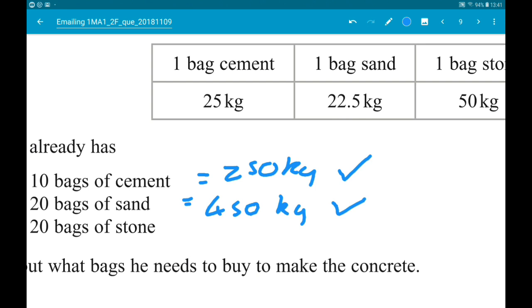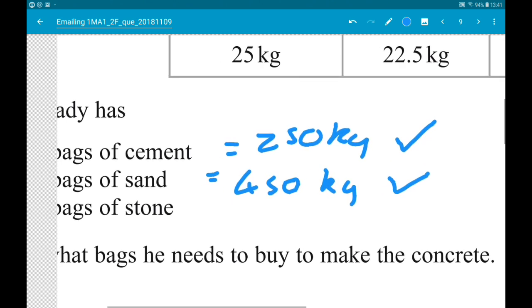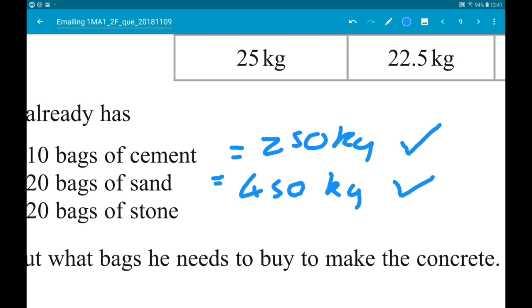Now, with the stones, he has 20 bags of stone. 20 times 50 kilograms is 1,000 kilograms.